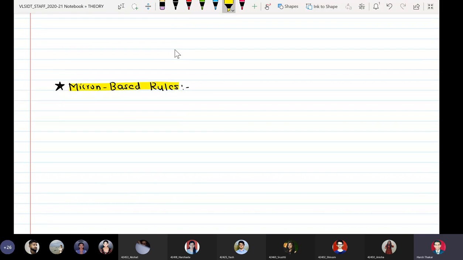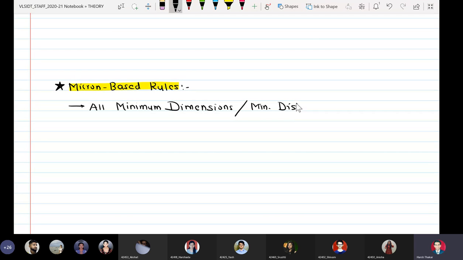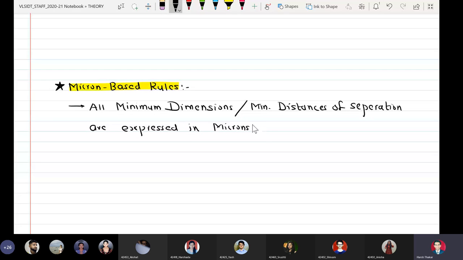In case of micron based rules, we can only say that all minimum dimensions or minimum distances of separation are expressed in microns, that is micrometers, or sometimes also in mils, M-I-L-S.